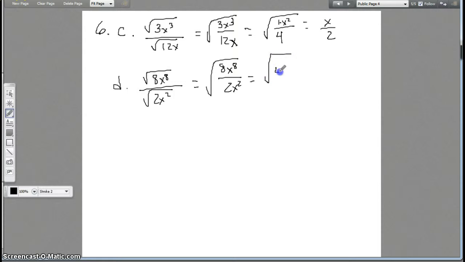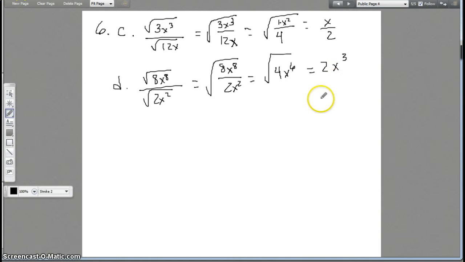So in our square root, we have a 4. X to the 8th divided by x squared is x to the 6th. Remember, when you're dividing numbers that have powers, we subtract the powers. Now, when we take the square root of this, the square root of 4 is 2. The square root of x to the 6th is x to the 3rd.